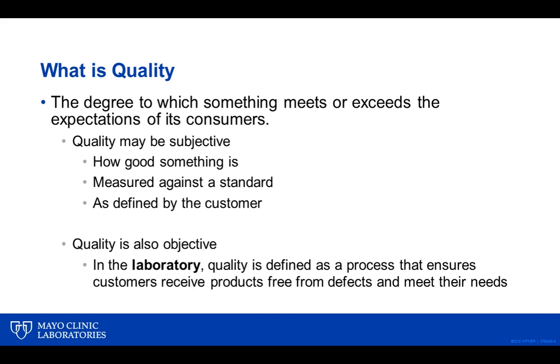You can ask your customers, what is it that you're going to measure me against? Is it success rate? Is it error rate? Is it a range of goals that I need to meet? Now we're trying to put in measurement, to quantify, so it's more objective.